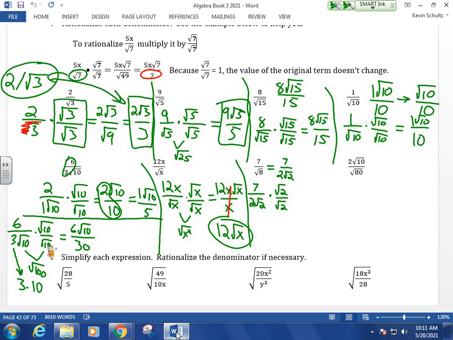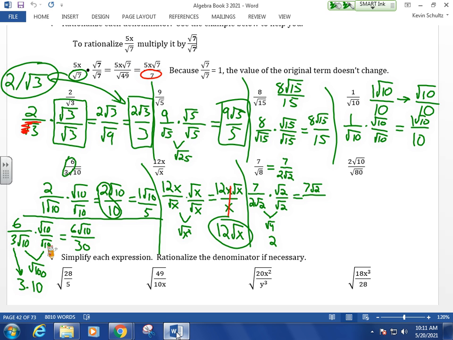So our numerator, 7 times root 2, is just 7 root 2. Our denominator, root 2 times root 2, there's our perfect square, right? That's what we want. We get root 4. The root of 4 equals 2.